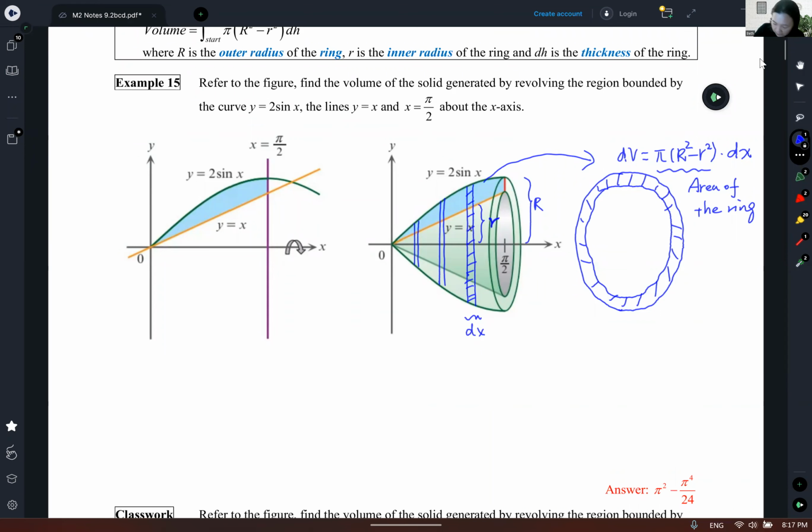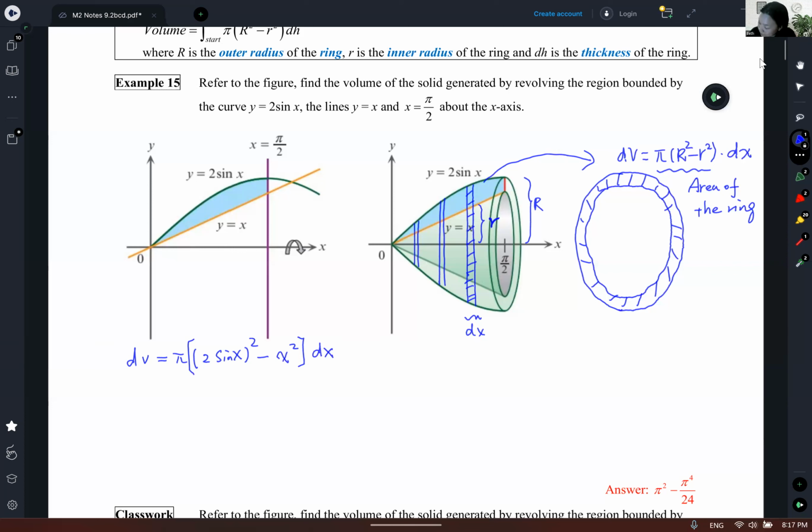So now I can write dV equals pi times the first R, the green one, which is (2 sine x) squared, minus the small r, the orange one, which is x squared, dx.